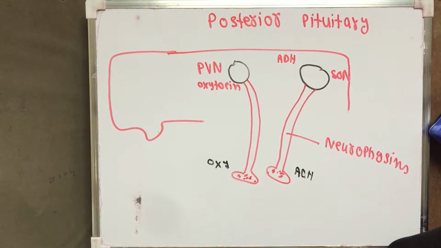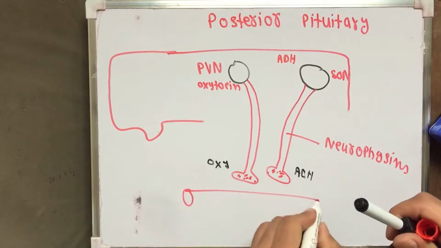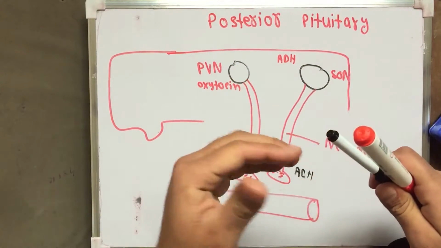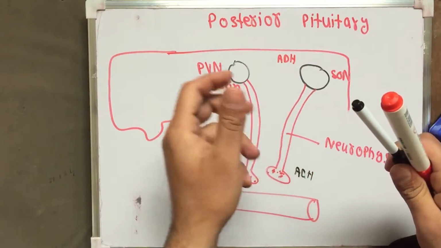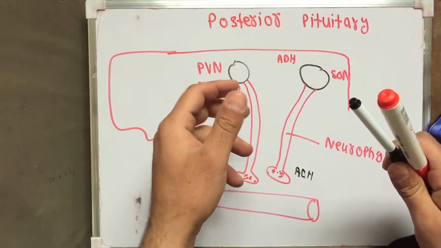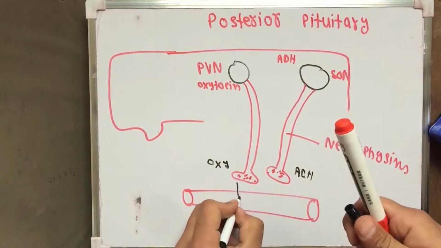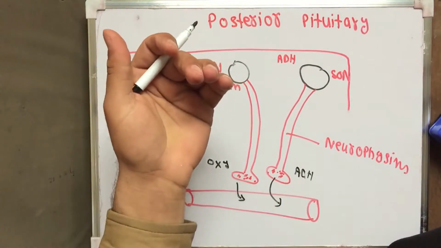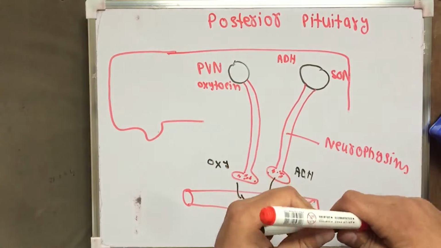This is the posterior pituitary and this is the blood circulation in the posterior pituitary. According to any condition, whenever antidiuretic hormone or oxytocin is required, they are secreted into the circulation, and then they go to the target cell and perform the action, which we will discuss now.